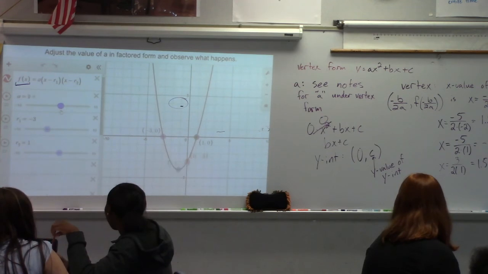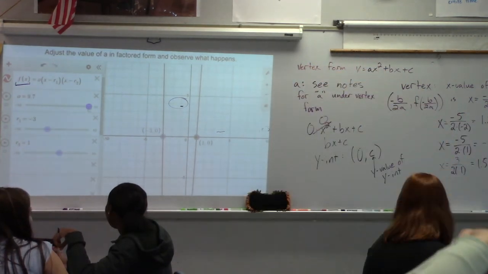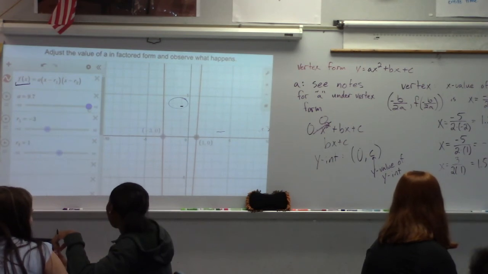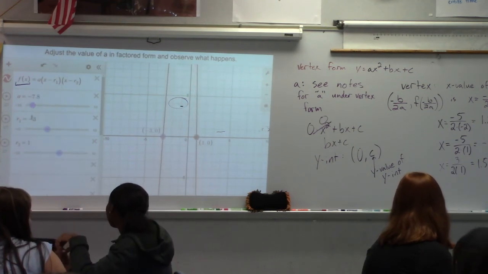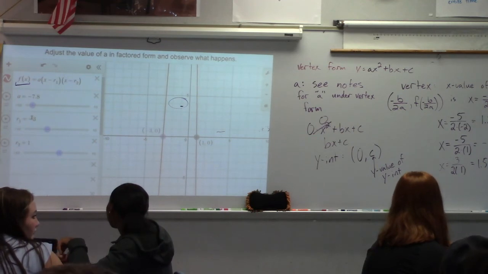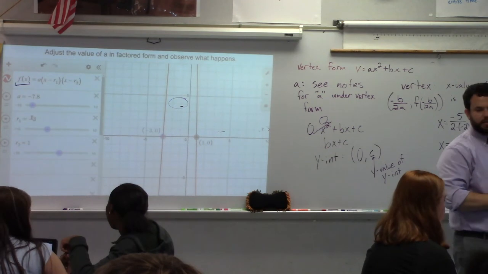Stretching. It's concave up. As it gets further away, is it still being vertically stretched? Yes, okay. When A becomes negative, concave down. It's still concave down. As the value gets further from 0, is it being stretched? Yeah.